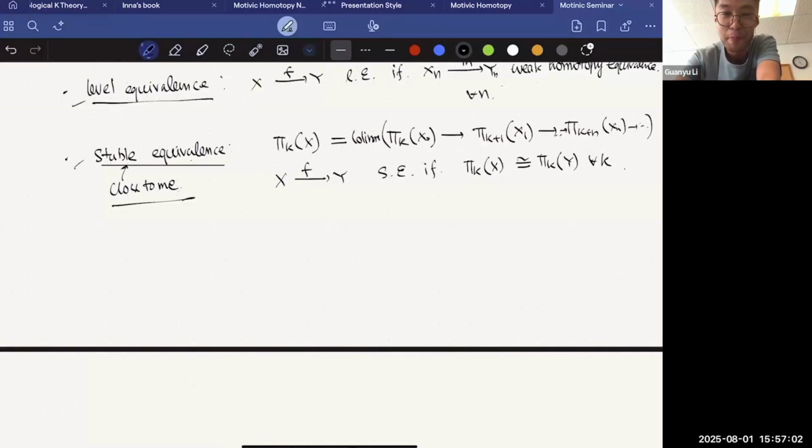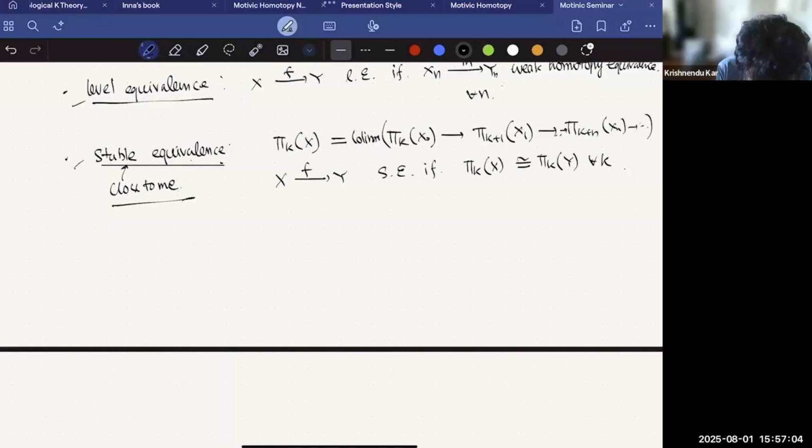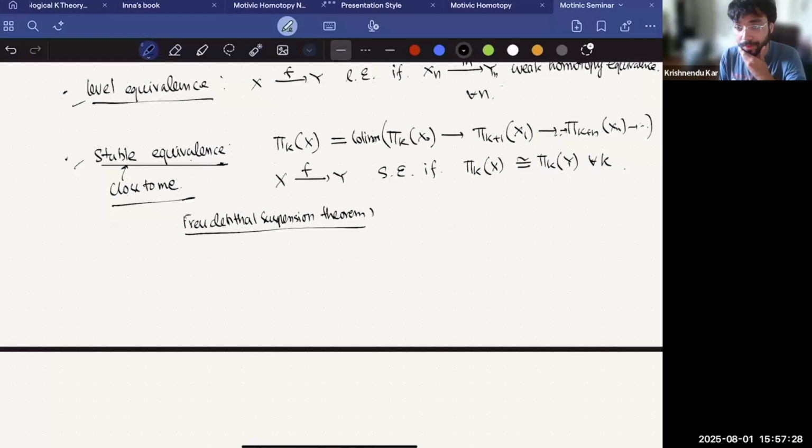So this stable equivalence, I give you the predefined product, but let me give you the motivation now, as Guanu has mentioned. In topological spaces, we have something called the Freudenthal suspension theorem. This theorem actually motivates all this theory, all these stable homotopy groups.